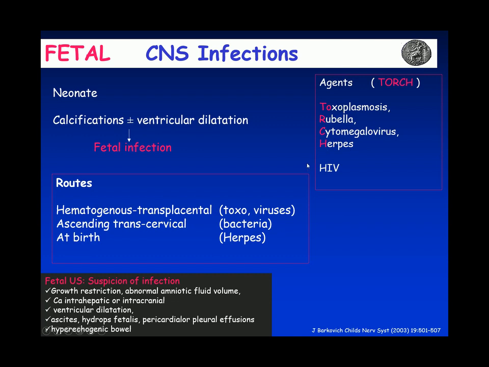HIV virus may be contracted in fetal life too. What about the routes? Hematogenous, transplacental, and usually the infecting agents are toxo and viruses. Ascending transcervical, and the infecting agents are bacteria, and at birth, of course, and this is usually herpes.